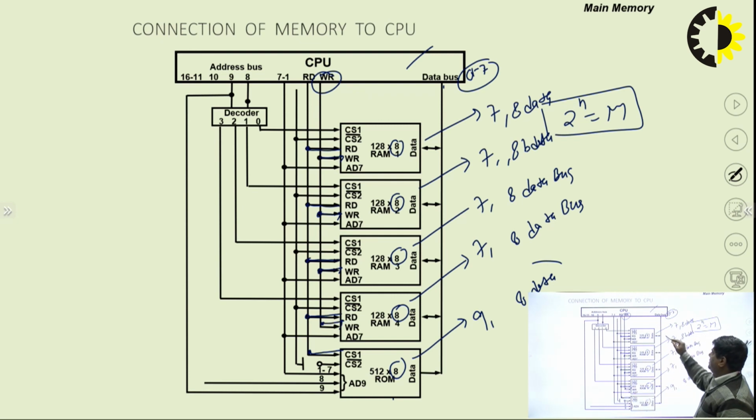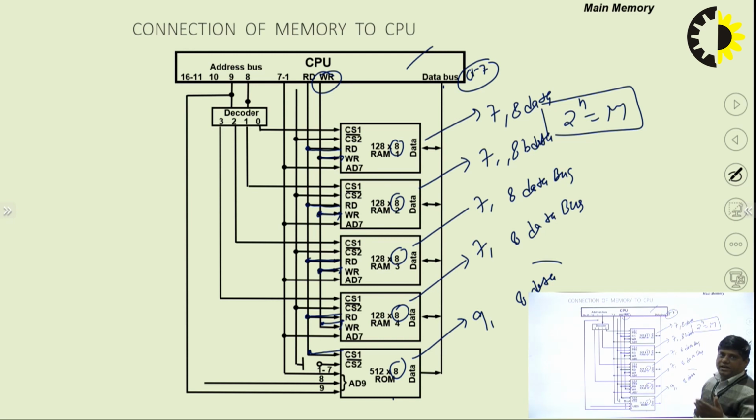The write operation is connected to all the RAM chips, but there is no write operation in the ROM chip, so no write pin is connected to the ROM chip.